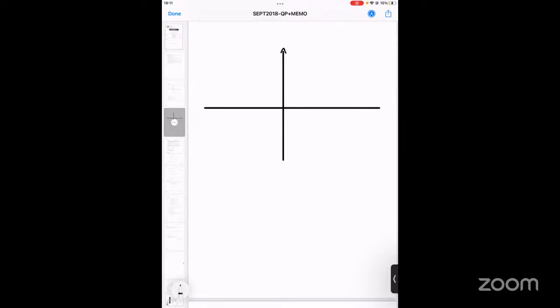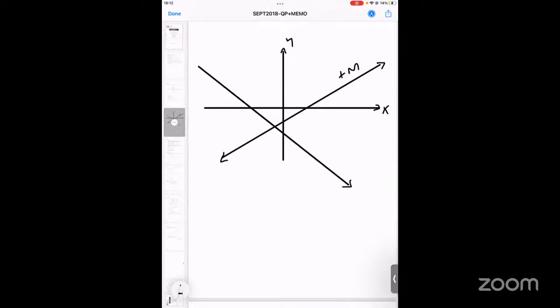So very quickly, let me try to redraw that. I had X and Y, and I said this type of line will always have a positive gradient. That is the line that ends in the first and third quadrant, and this one will always have a negative gradient.